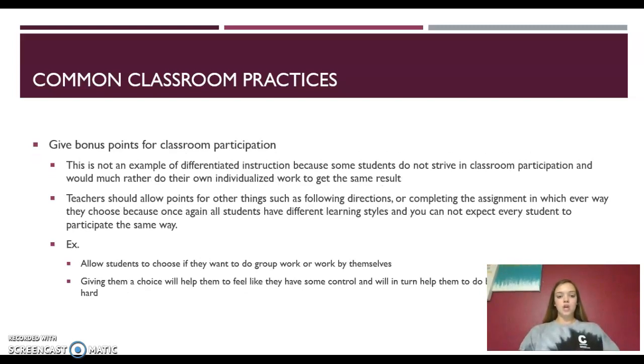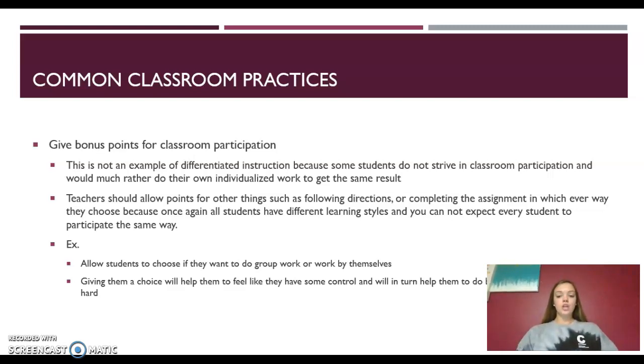And then one last common classroom practice that does not follow differentiated instruction would be that teachers give bonus points for classroom participation. You may think that this sounds like a good idea, and oh yeah, your students are participating, so they should get points for that.